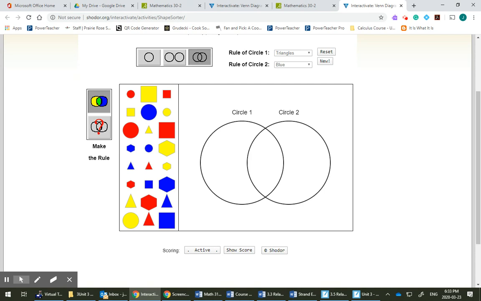So I'll start sorting these. That's a blue triangle, and so on. So anything that's a triangle goes in circle 1, but if it's a blue triangle, it's going to go in my overlap. If it's not blue and it's not a triangle, then it's going to go outside of those circles.